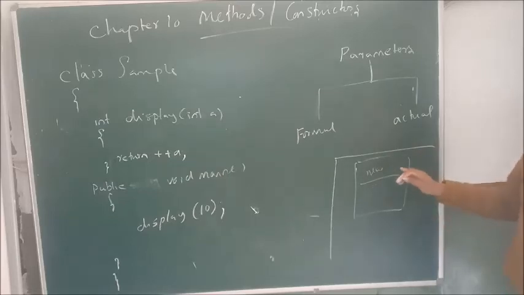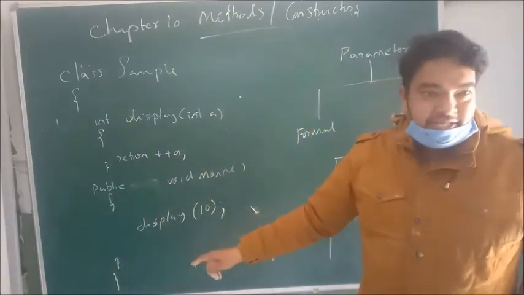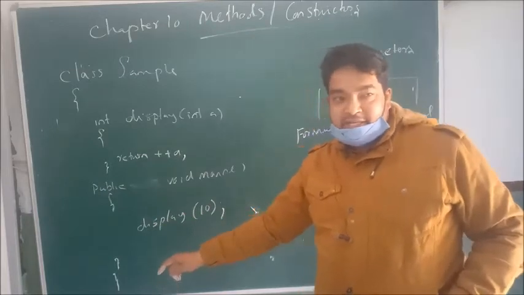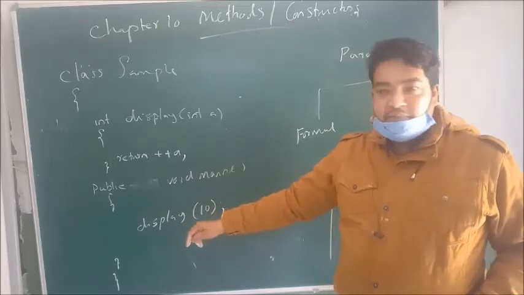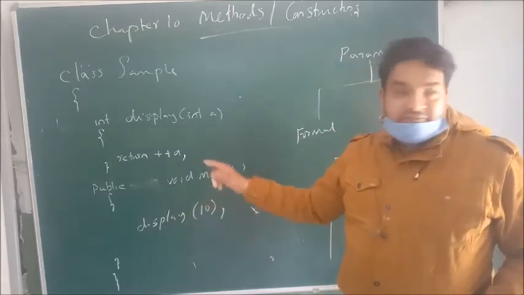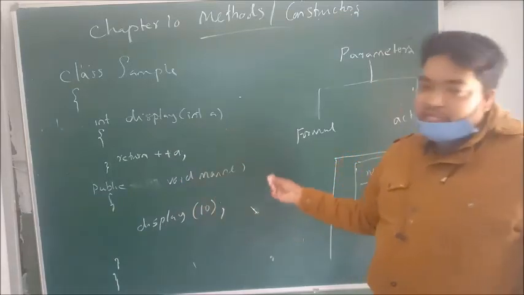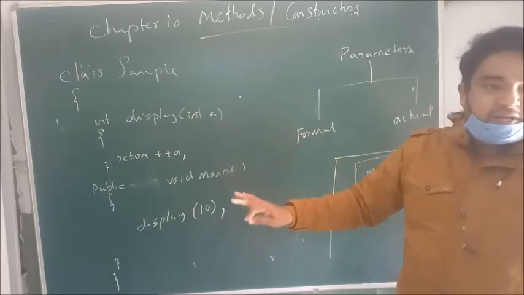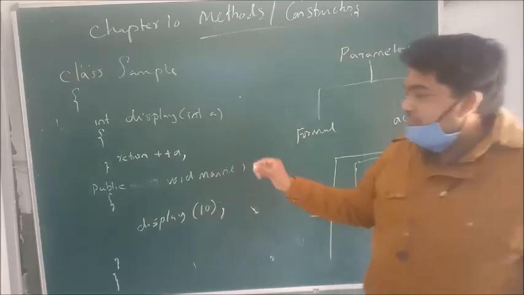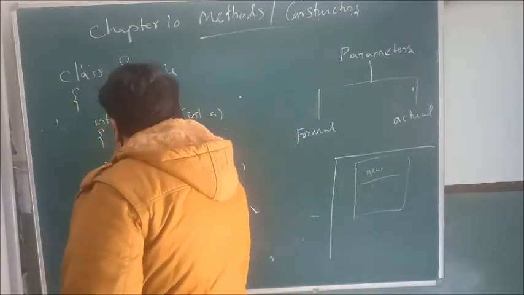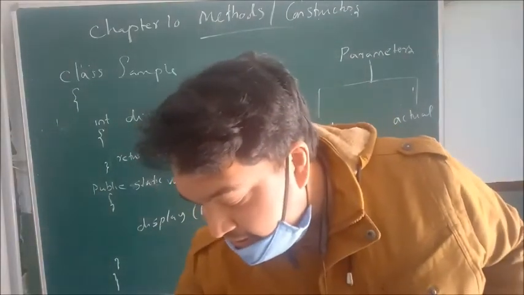Some of you create a new object. Then you can see a red square there. Then you call the display function, then you call the main function. I'm not saying that's wrong, but we have the facility when we create a main method. Within that main method, we can execute the program in the proper way. So again, I am making this as static. Now coming back to that object creation.